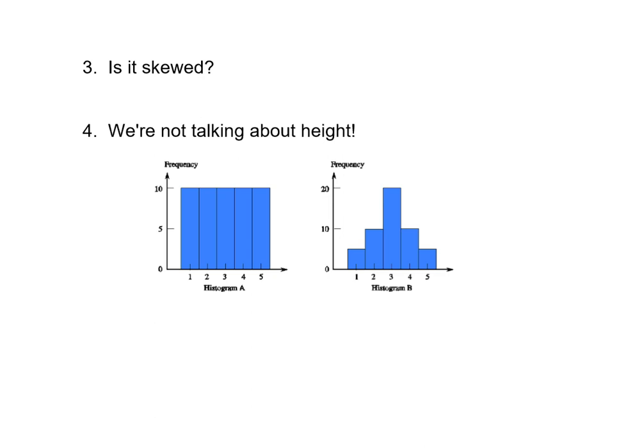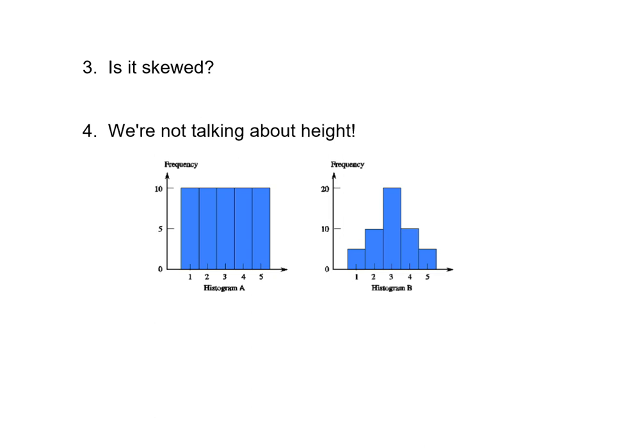We're not talking about height. Measures of center and variability describe the values of the variables studied, not the frequencies in a frequency distribution or the heights of the bars in a histogram. Take a look at the two histograms.